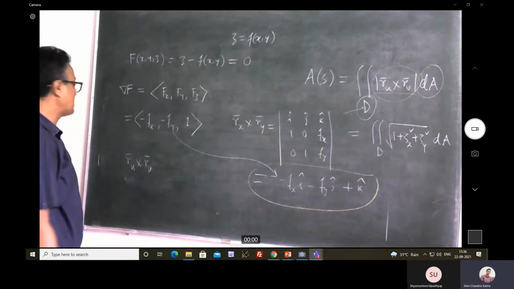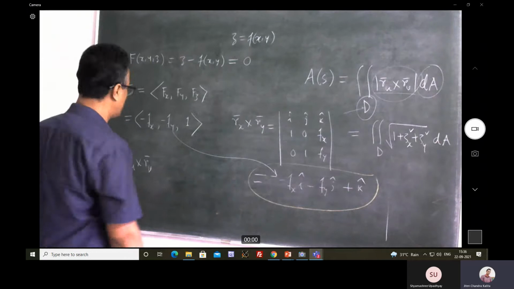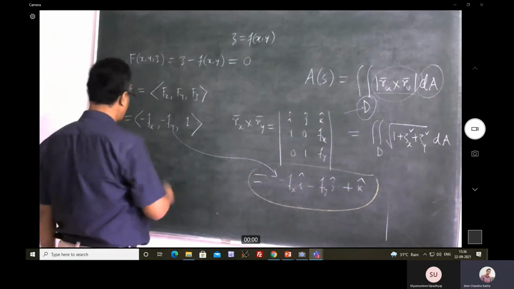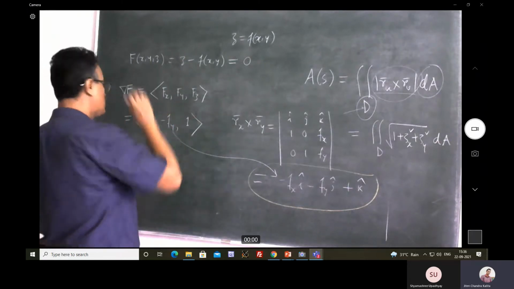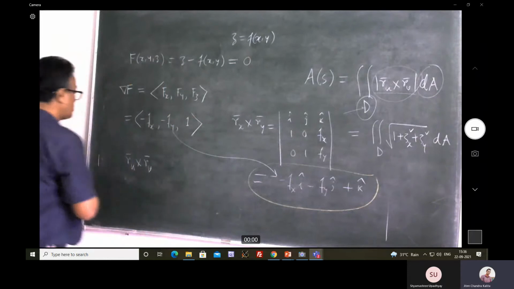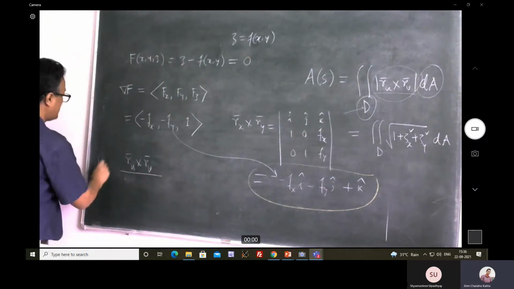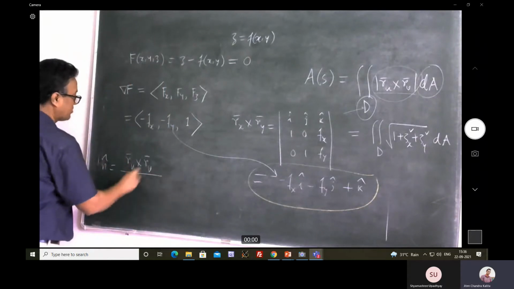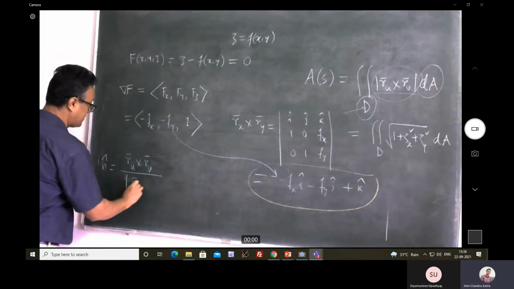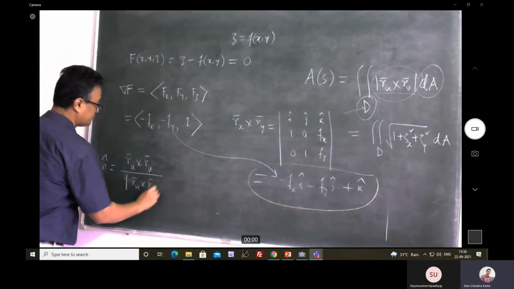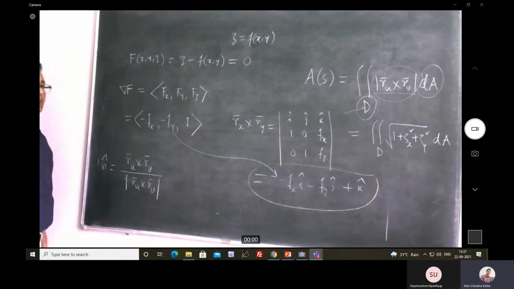Now, if you want to find out the unit normal to a parametric surface, then that unit normal, if it is n cap, is simply going to be given by this divided by its magnitude. That's it.